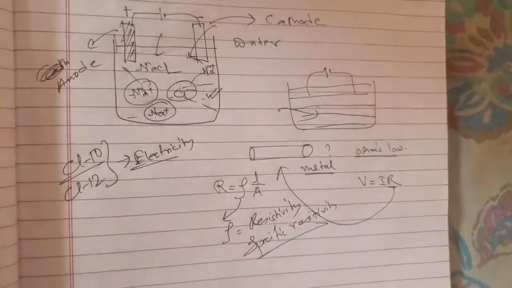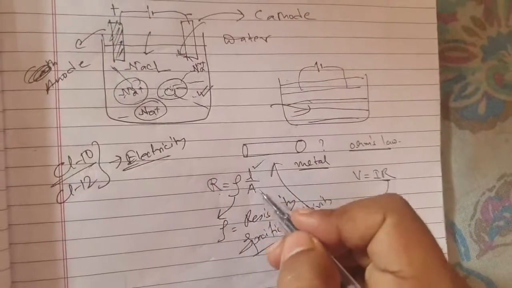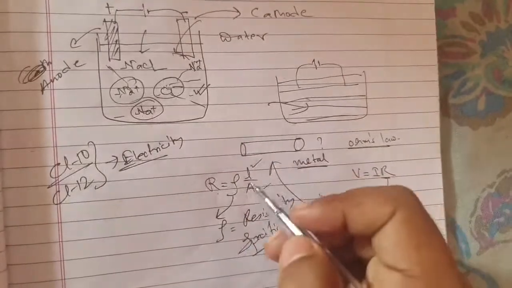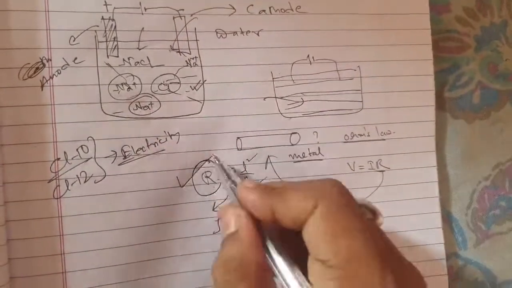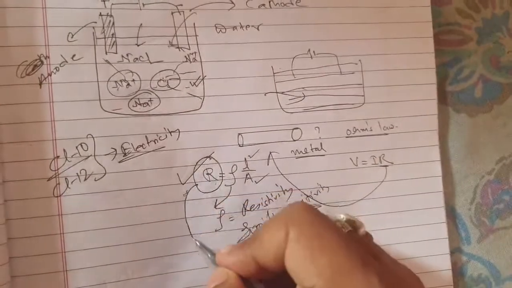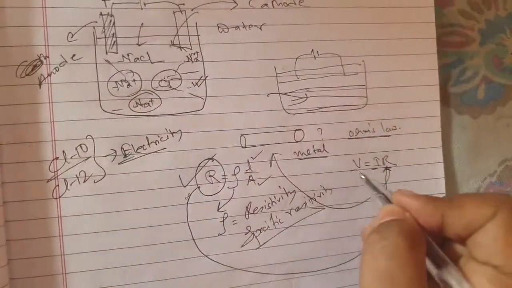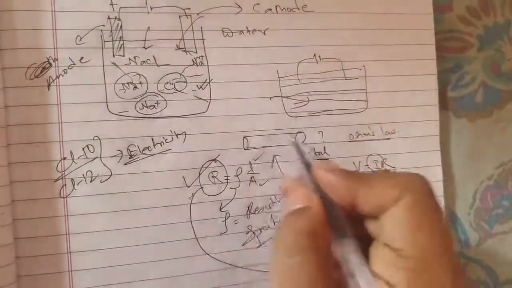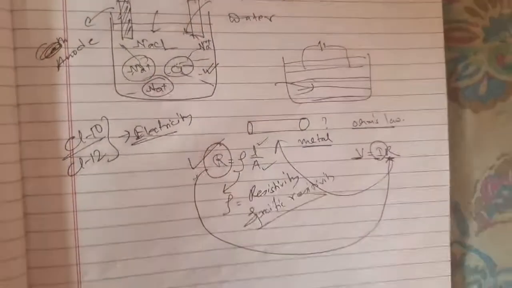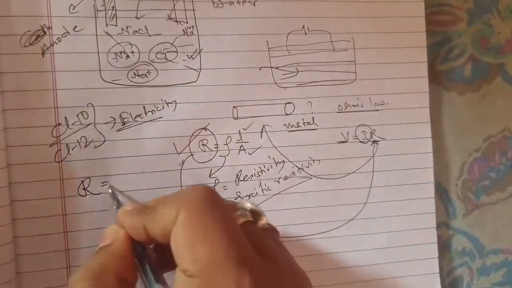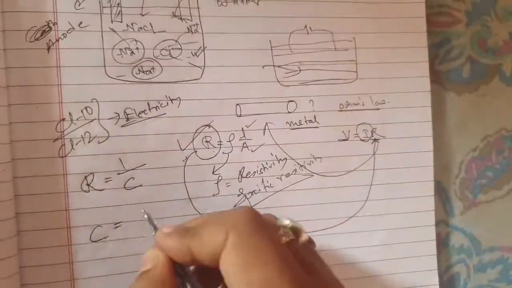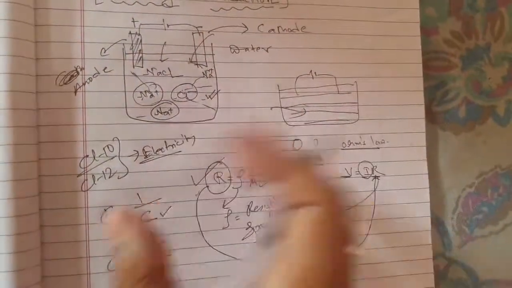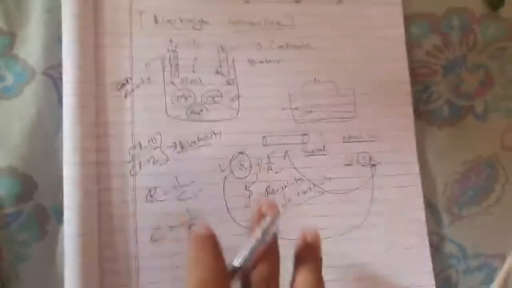Knowing the length and cross-section area of the conductor, we know on what factors resistance depends, and then we can find how much current will flow on application of a given voltage, and hence we can know about the conductivity. However, conductivity is the inverse of resistivity, always remember. C = 1 by R, or R = 1 by C, where C represents conductivity. So these are some basic knowledge which should be already clear in your mind.